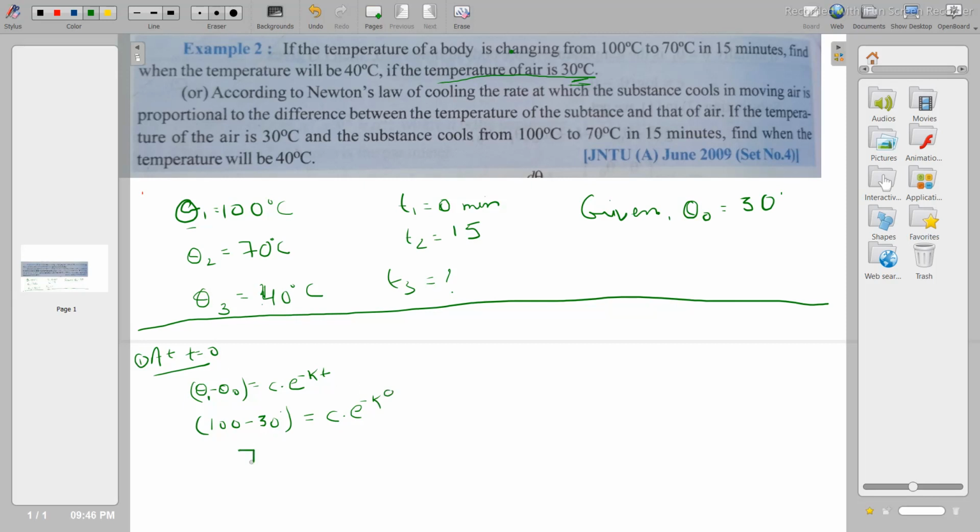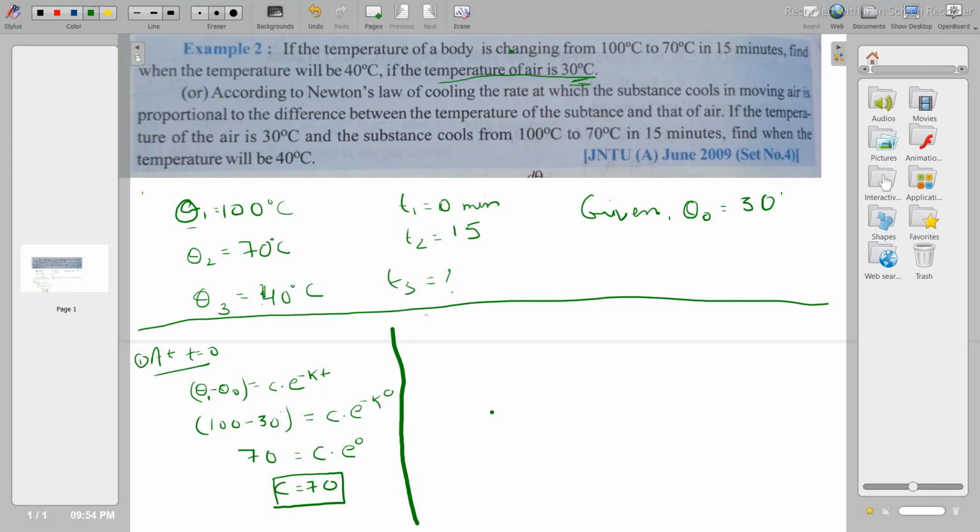So simply 70 is equal to C into e power 0. K into 0 will be 0, and e power 0 is equal to 1. So C is equal to 70.